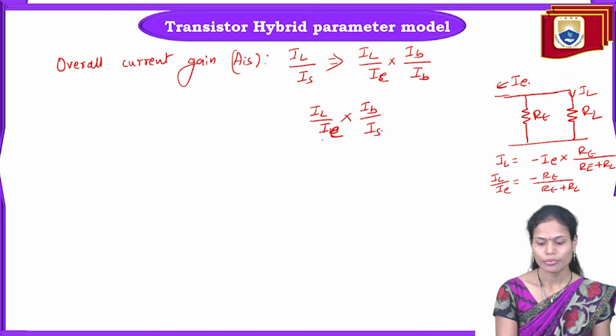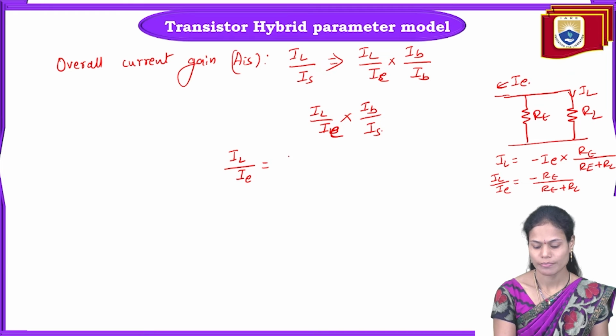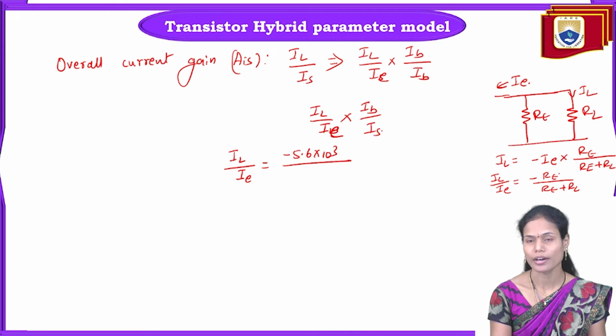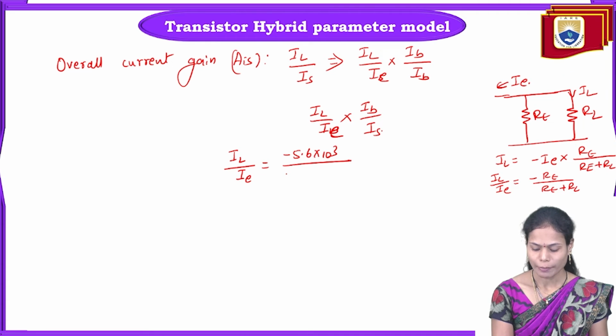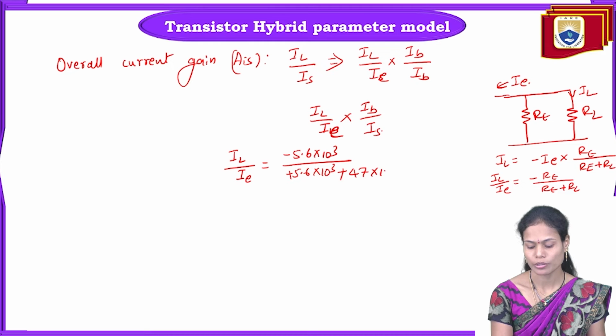Now this IL by IE value is minus 5.6 into 10 power 3, that is the RE value, and minus 5.6 into 10 power 3 plus 47 kilo ohms.